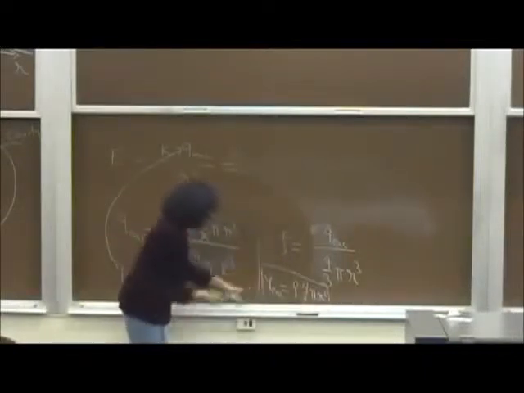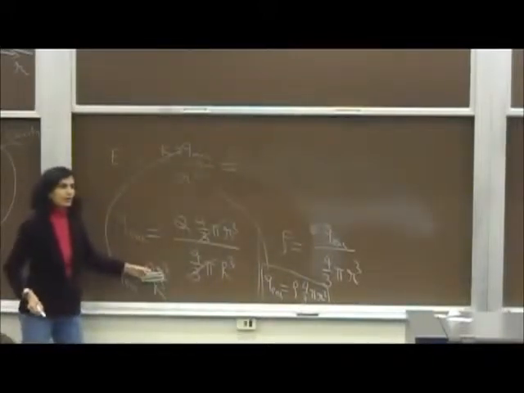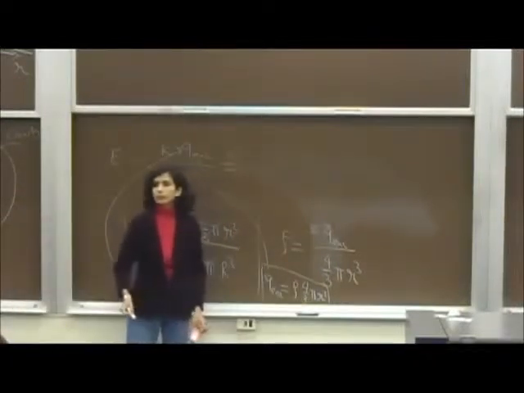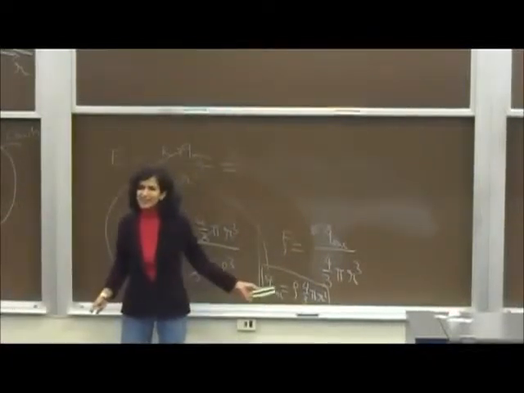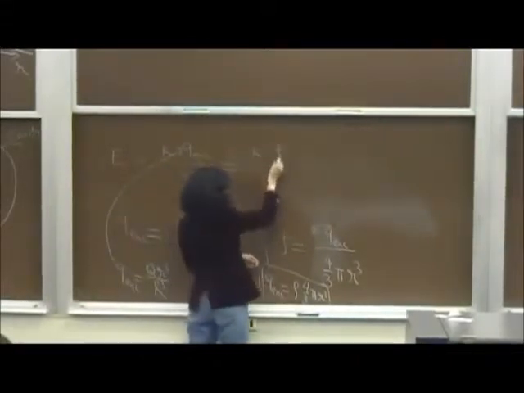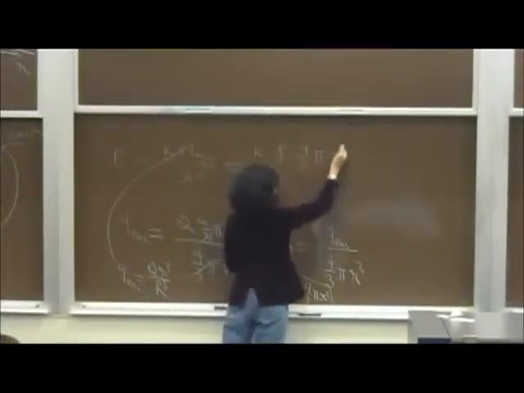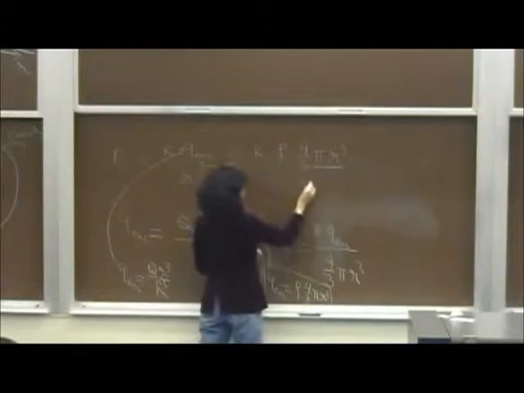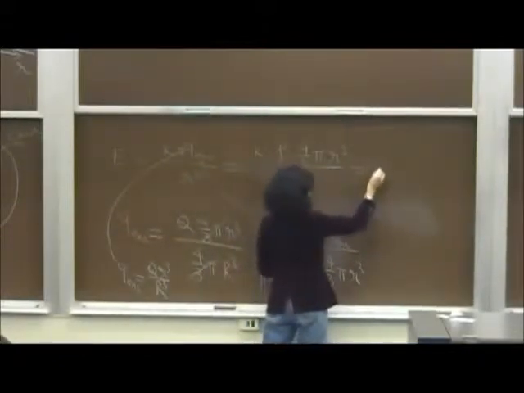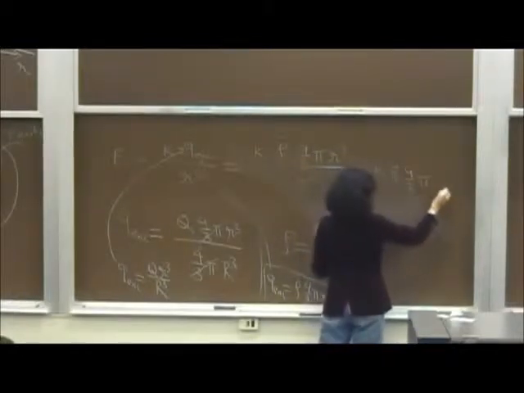So either you can put Q enclosed is equal to this or this, depending upon whether you were told to find the answer in terms of the total charge Q or rho. In your homework problem it's saying find it in terms of rho. So let's plug rho here. Q enclosed is rho 4 over 3 pi r cubed divided by r squared. You can see two factors of r get cancelled and this is k rho 4 over 3 pi times r.